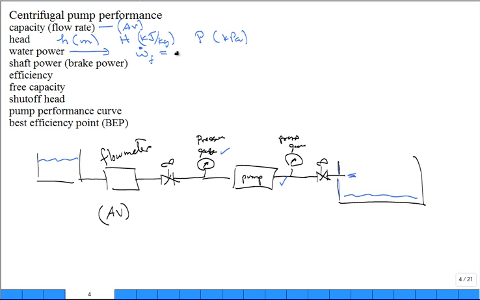Is it maybe this head times rho g times AV? Does that equation make sense to you? Yeah, it's the head gain. I should put a gain right here. The head gain across the pump, or it's equal to the pressure gain across the pump times the volumetric flow rate. All those units and equations hopefully make sense to you.